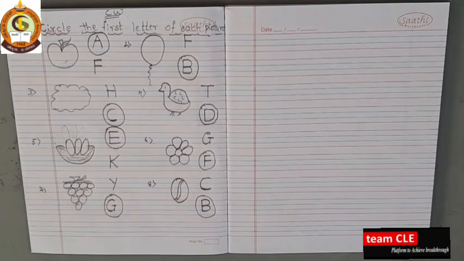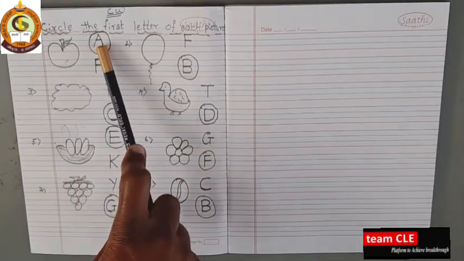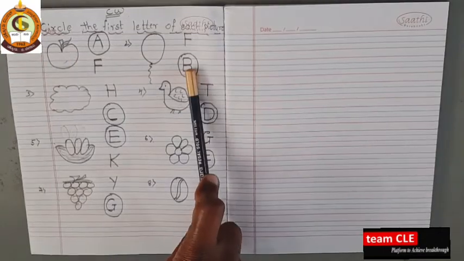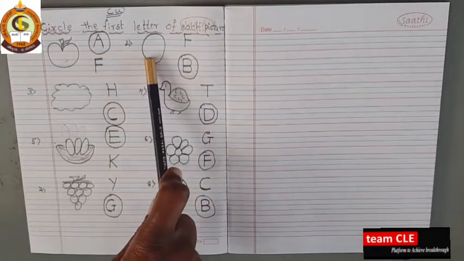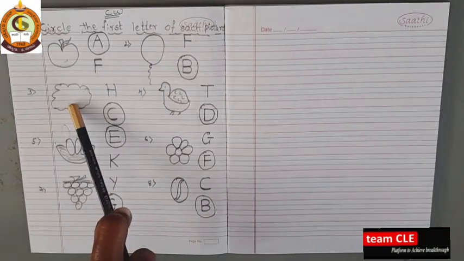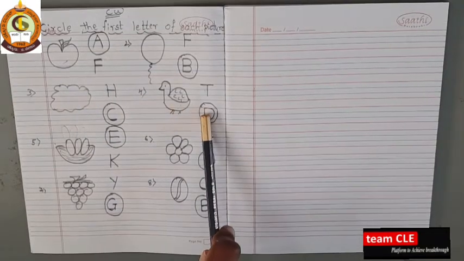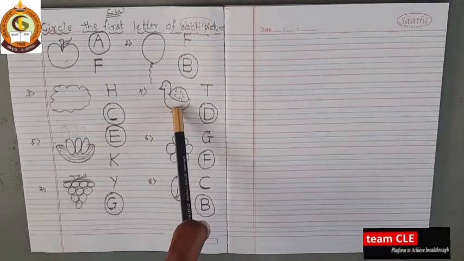Yes. So now everyone read it. A for apple. B for balloon. C for cloud. D for duck.